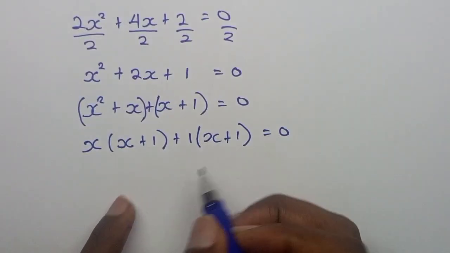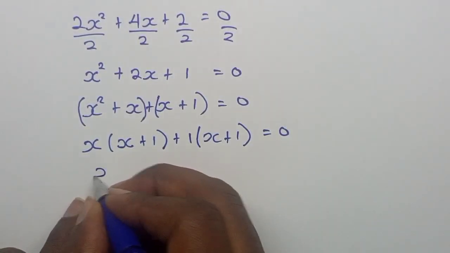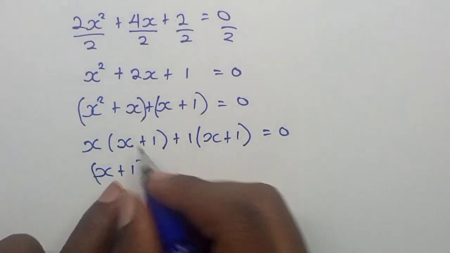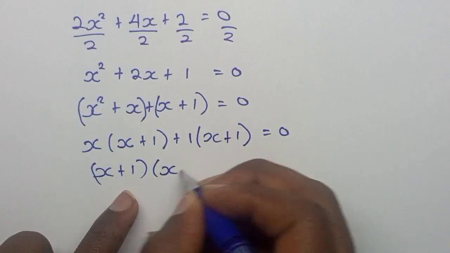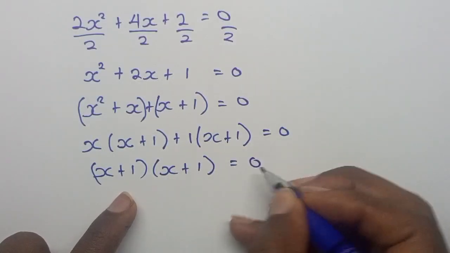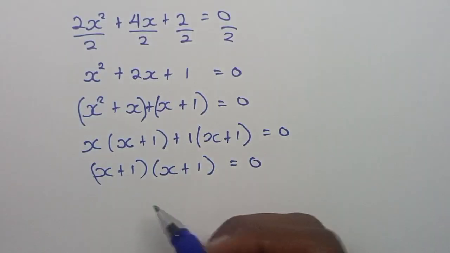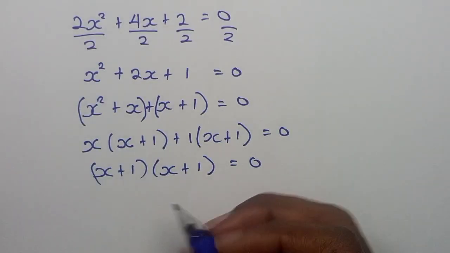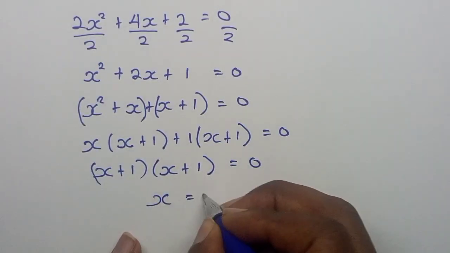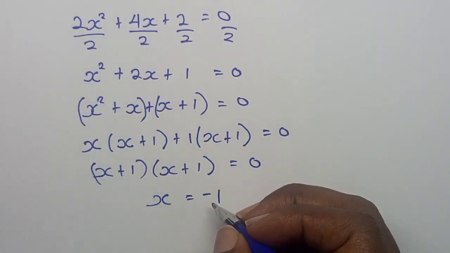As you can see, x plus 1 is common. We also factor it out. We shall have (x plus 1) times (x plus 1) is equal to 0. So here it means we shall get two solutions that are the same, which is x is equal to -1.